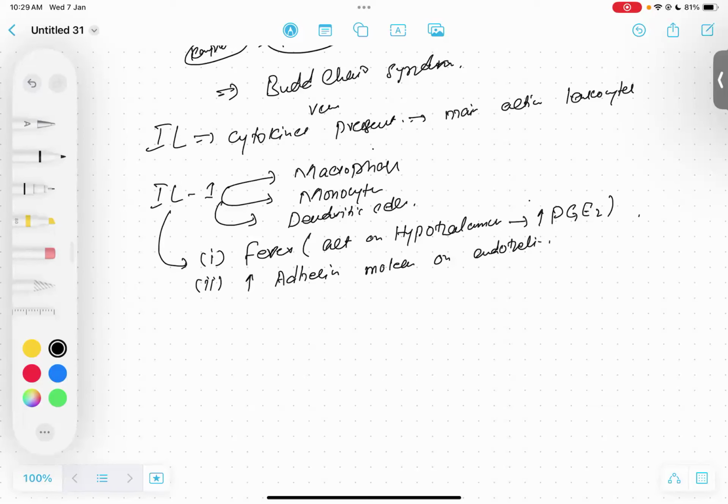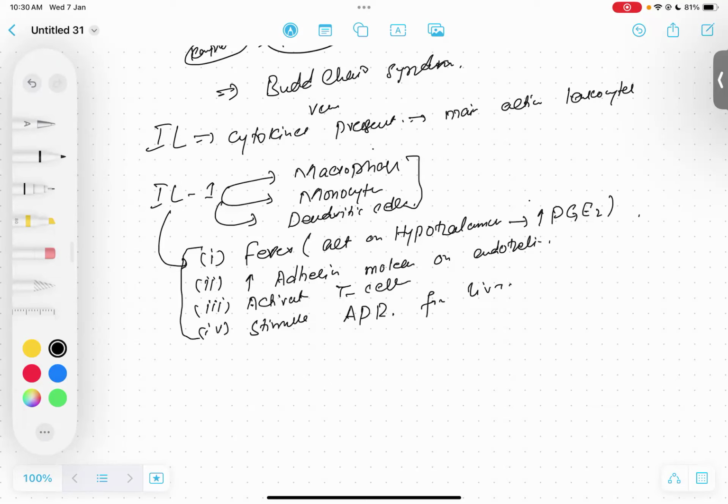It will also activate T cells, and it will also stimulate acute phase reactant formation from the liver. So these are the three sources, and these are the functions caused by interleukin 1. Okay, doctors? We are going to discuss each and every one in this manner.